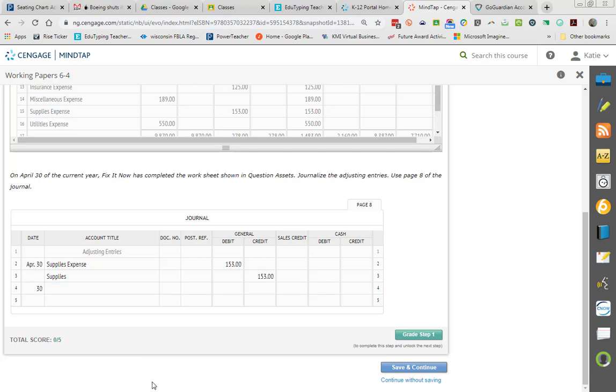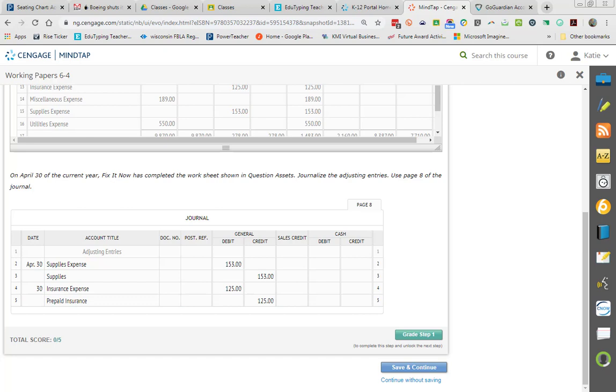For my second adjusting entry, I'm affecting prepaid insurance and insurance expense. Prepaid insurance is being credited, and insurance expense is being debited. So I'm going to record insurance expense first, and that is being affected by $125. And then I'm going to credit prepaid insurance for $125.